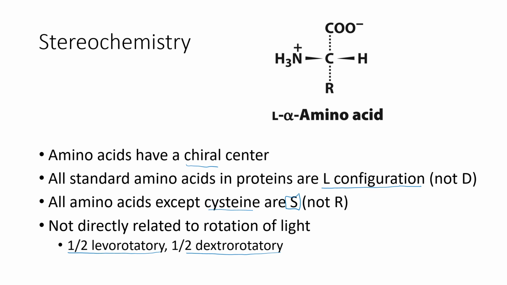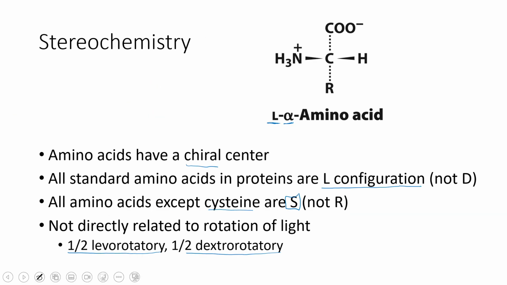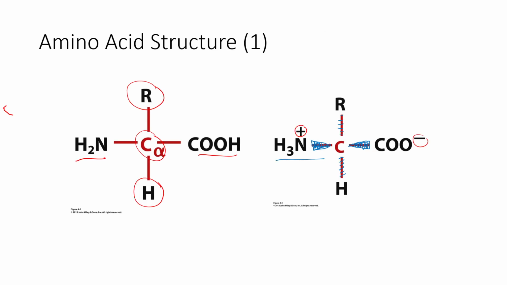So it helps you to see here the way this is named. This is an L amino acid with that alpha carbon being the chiral carbon. And something that you might have noticed is that the way this amino acid is drawn on this slide is a little bit different from the way it was drawn on the previous slide. They both have the amino group on the left side as a wedge coming towards you, but the carboxyl group on the previous slide was also drawn as a wedge coming towards you.